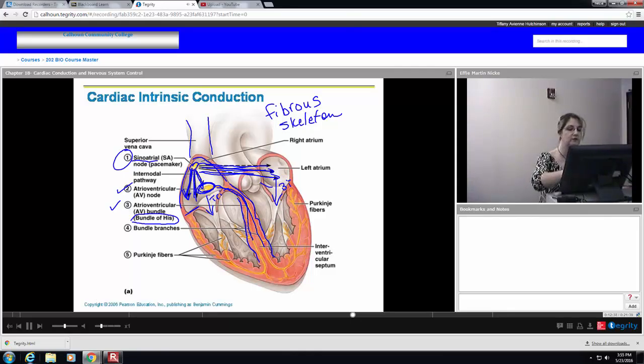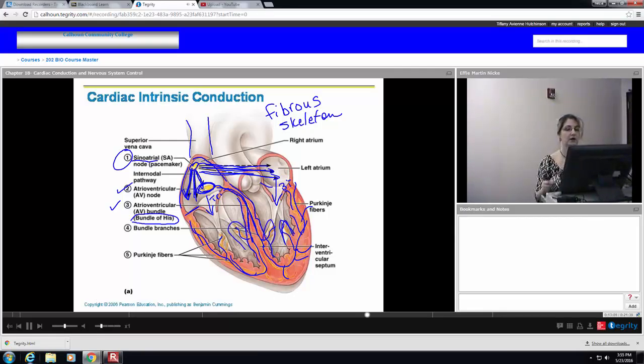Now, as this wave of depolarization continues down the left and right bundle branches, about halfway down the interventricular septum, these become Purkinje fibers. Purkinje fibers are going to go all the way out and stimulate the walls of the ventricles, as well as the interventricular septum and the papillary muscles shown here.